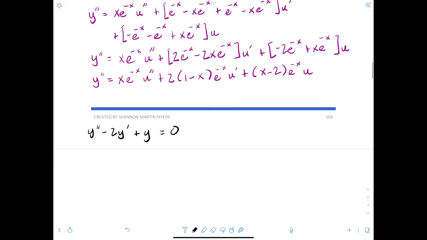So plugging in for y double prime, we'll plug in what we just got: xe to the negative x u double prime plus 2 times 1 minus x, that quantity, times e to the negative x u prime plus x minus 2, that quantity, times e to the negative x times u.